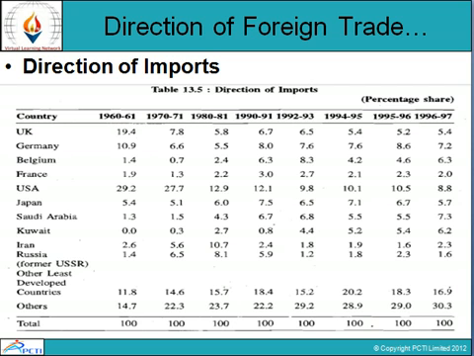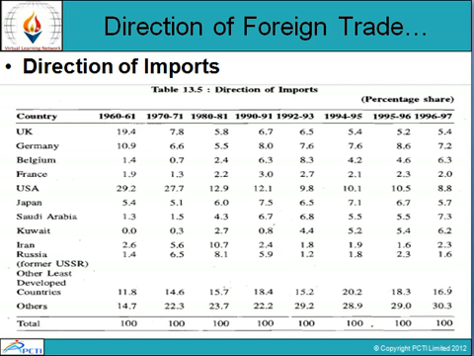The scenario has changed over a period of 40 years. For the year 96-97, India's major importing partner was USA 8.8%, followed by Saudi Arabia 7.3%, Germany 7.2%, Belgium 6.3%, Kuwait 6.2%, Japan 5.7%, UK 5.4%, Iran 2.3% and Russia 1.6%.